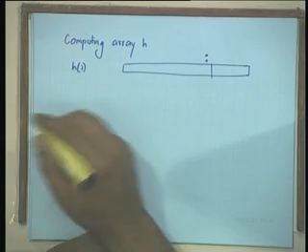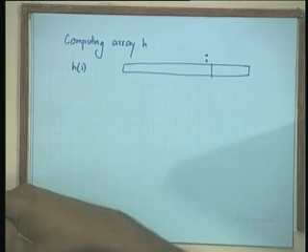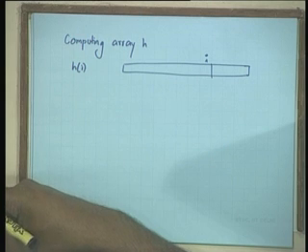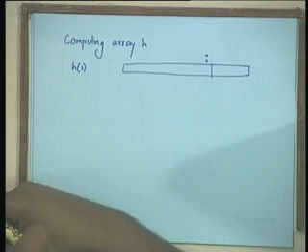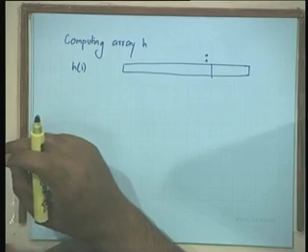So, H of I's value is the longest prefix of the pattern which is also a suffix. What are the potential values of H of I? What are the different values it can take? 0 to I minus 1, because we also said proper.